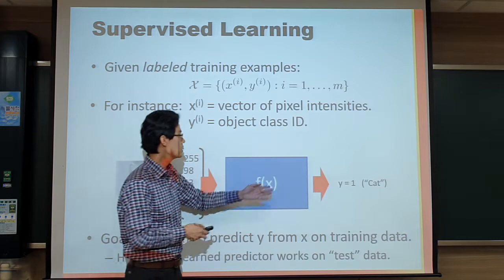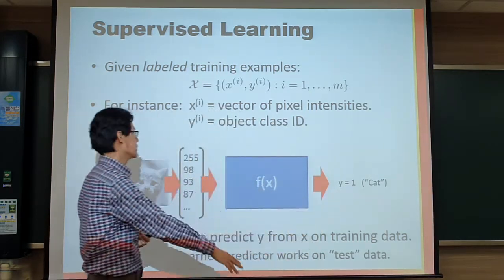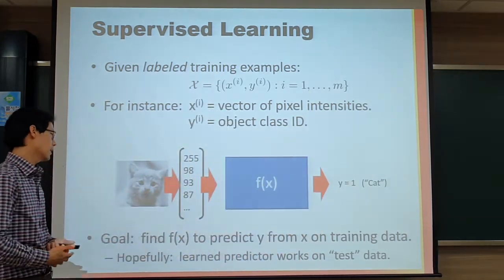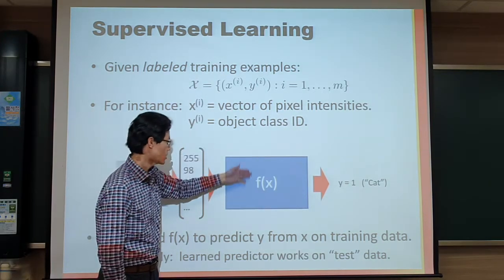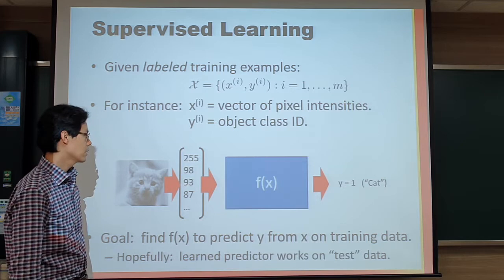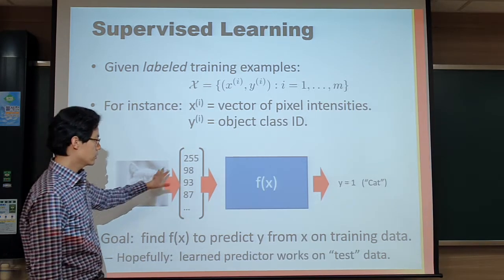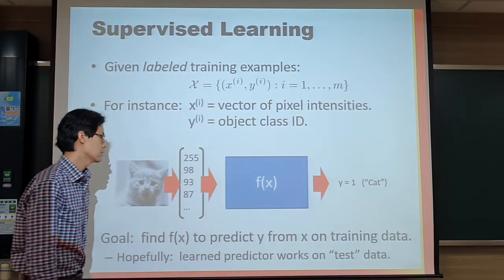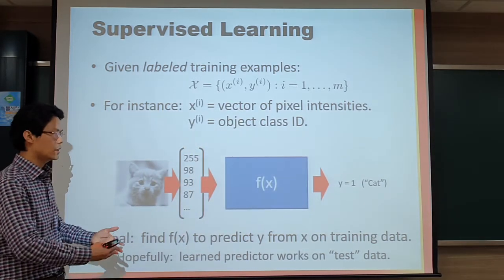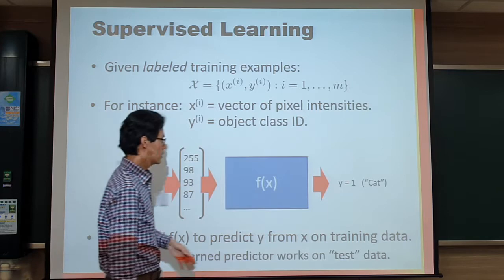And Y is the object class ID corresponding to cat or something like that. Then we want to learn a predict function f of x that maps from x to this label. We want the function f to predict very well even on the test data.